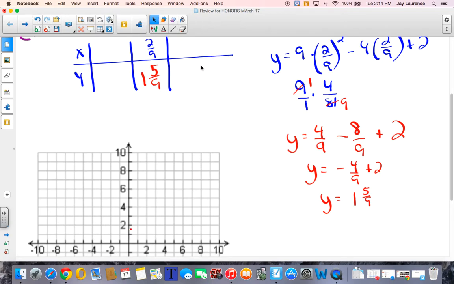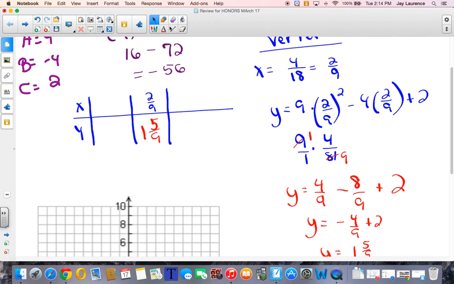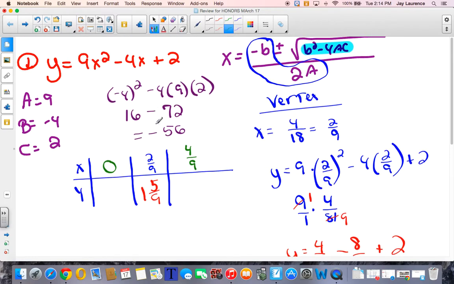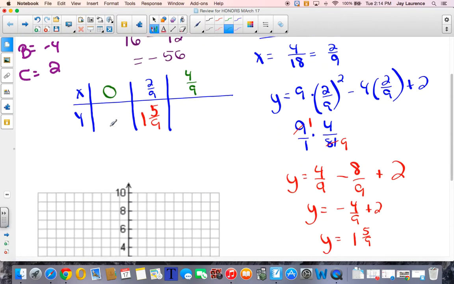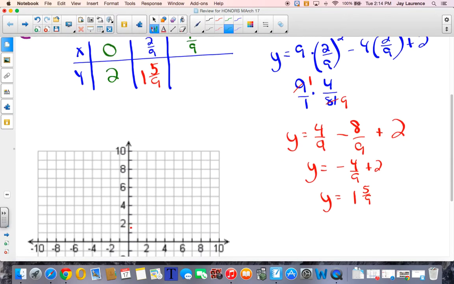Okay, now for my other 2 points, since it's not going to have any roots, I'm going to plug 0 in for x, and then I'm going to plug in a number that's the same distance away from 2/9 on the other side, which would be 4/9. If I put 0 into my equation, I think I'm going to get 2 out, right? And when I plug 4/9 in, because of symmetry, I have to get 2 as well. So I'm going to go 0, 2, and then 4/9.